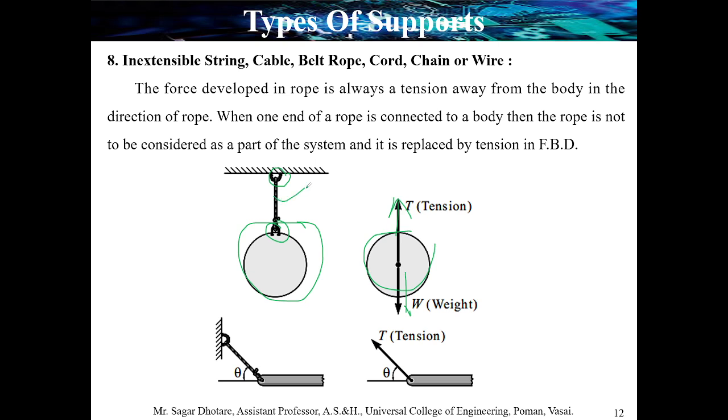This medium might be string, cable, rope, cord, chain, or wire. We can convert this into a free body diagram like this. In a second simple example, the restriction is applied at an angle of theta with the horizontal, and the body moves in a horizontal direction. So with the angle of theta, the tension is applied in the opposite direction. Clear?